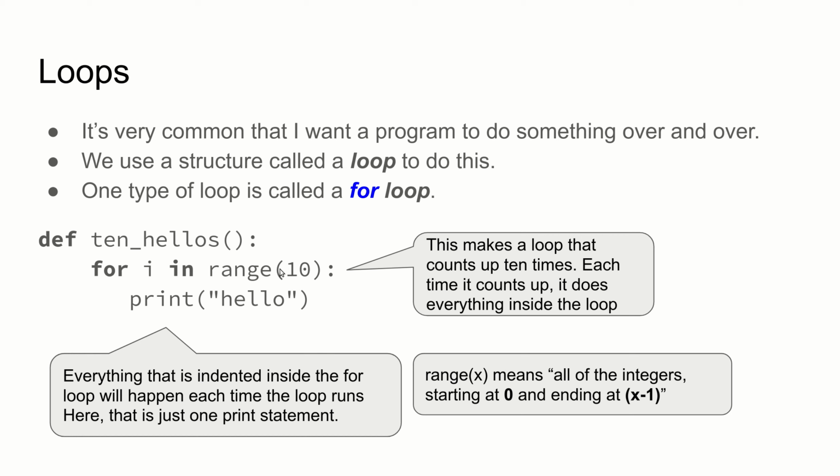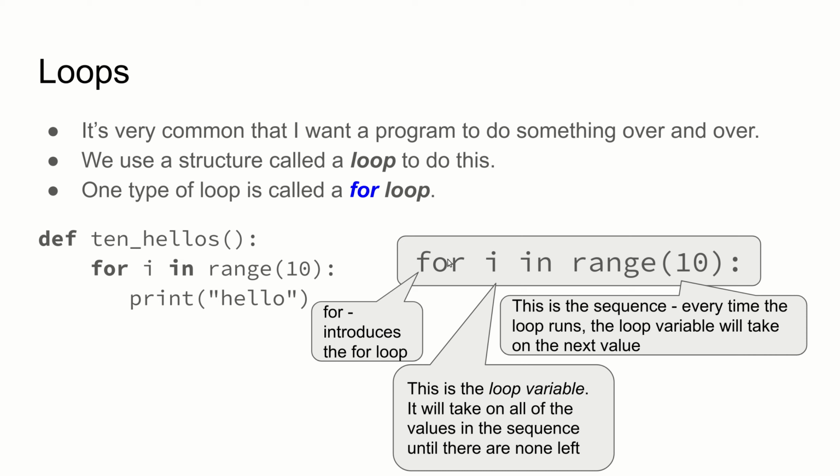But if you count them up, 0 through 9 is 10 numbers. So the confusing part to many programmers is that a 10 is not included in this range, but when I say 10 here, it does mean that that range will have 10 numbers in it, and therefore this loop will execute 10 times.